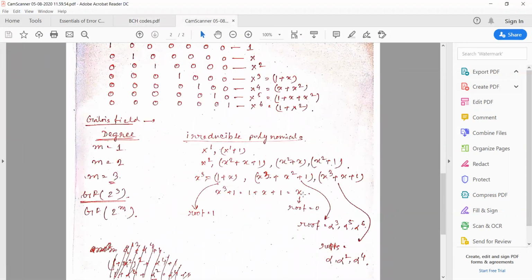You can see here, when the degree is m equals 3 and we are considering x cube plus 1, by considering x cube as 1 plus x, that means actually we are replacing it from the syndrome results, that x cube equals 1 plus x. So this has become x. The root is 0.